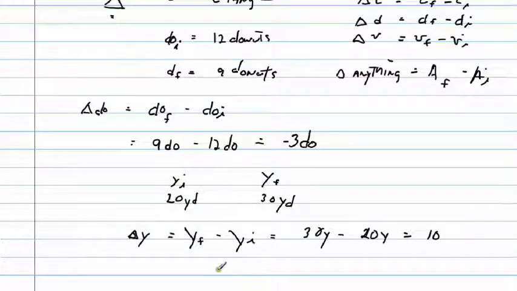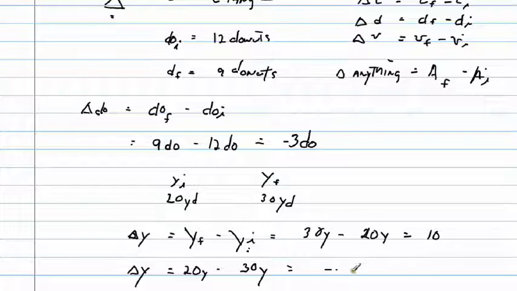But likewise, if the person had been pushed back from the 30-yard line to the 10, then our change in y, let's assume they started off at y initial at the 30-yard line, but then they got pushed back, their final yardage was the 10, then their change in yardage would be equal to minus 10 yards.